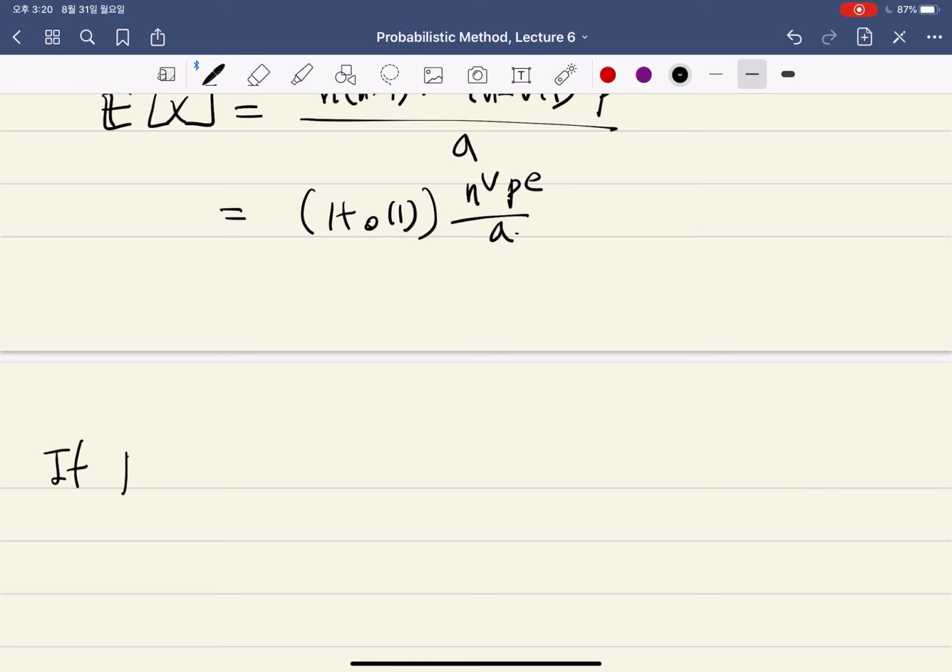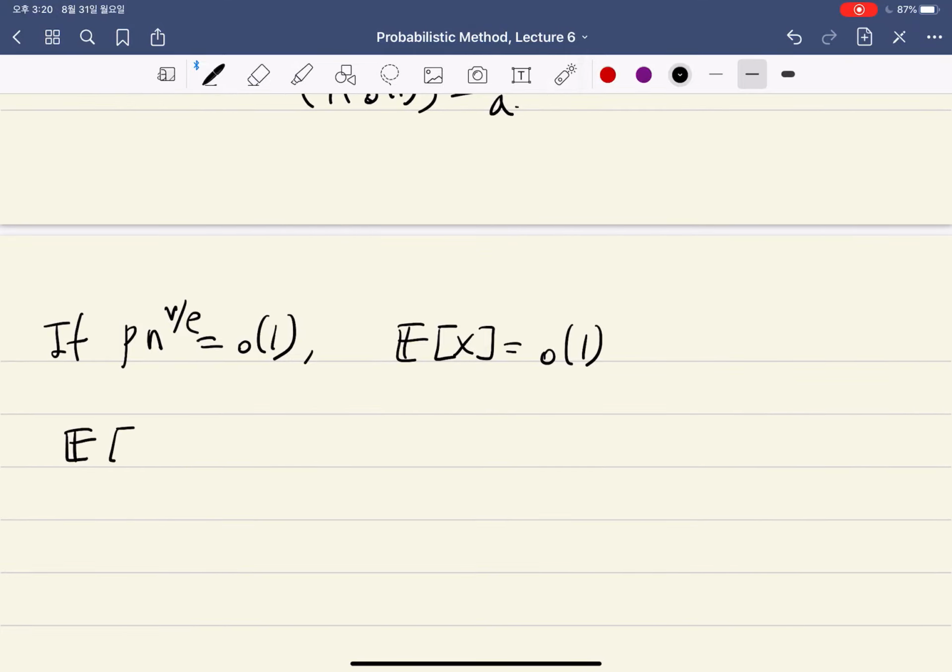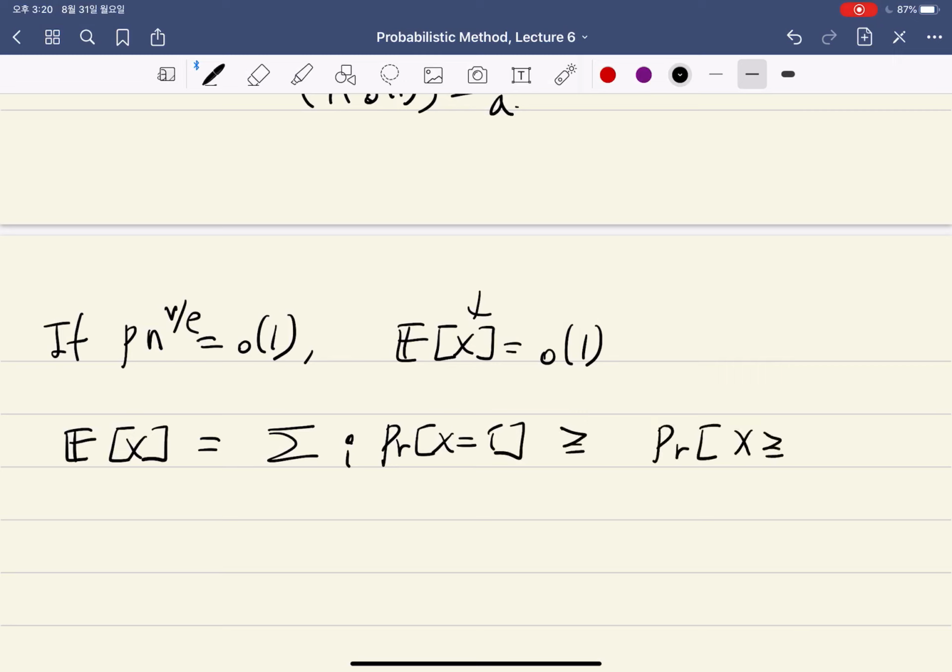Now we consider the first case. If p times n to the v over e is little o of 1, then what do we get? The expectation of X is little o of 1. By definition, note that one of the properties of X is that it takes non-negative integer values. So the expectation is the summation of i times the probability that X equals i, and this is at least the probability that X is at least 1.